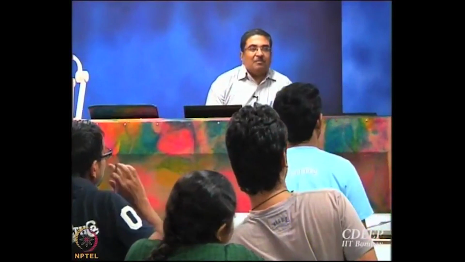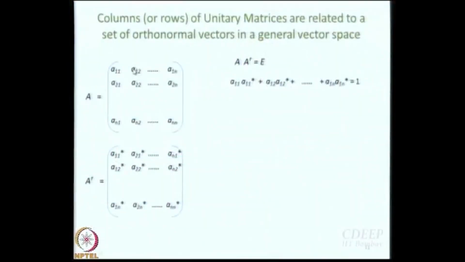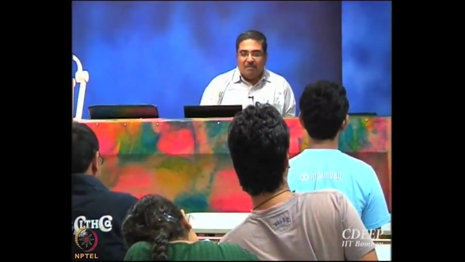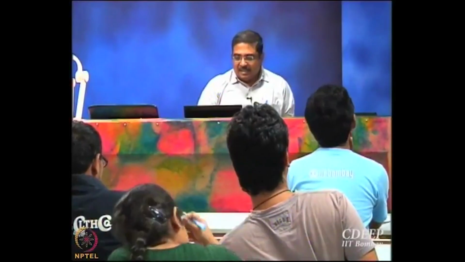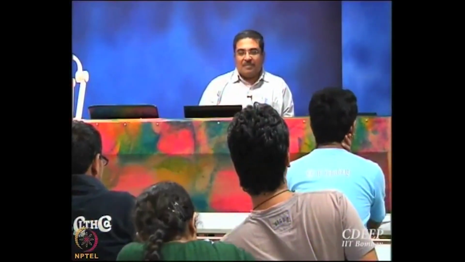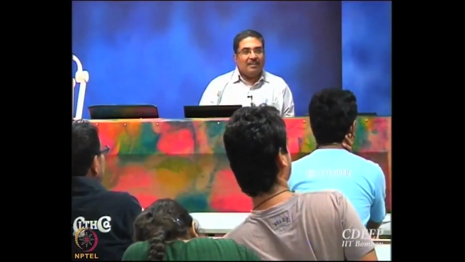Now, let us work out something else. First row into second column, the 1 2 element, and even before you start working, what is that 1 2 element going to be? That is going to be 0, right? Unit matrix. First row multiplied by second column: A11 A21 star plus A12 A22 star, and so on and so forth. Finally, A1n A2n star, that is equal to 0, right?